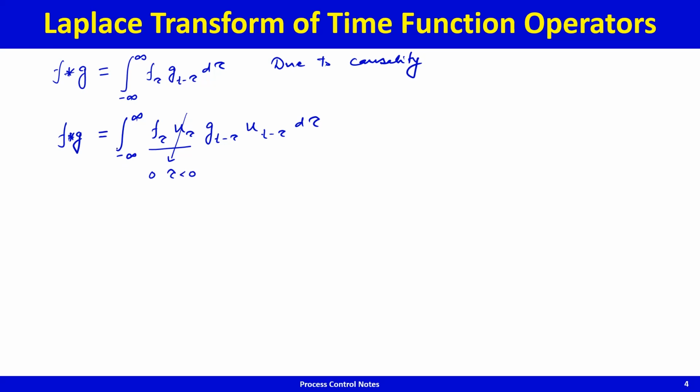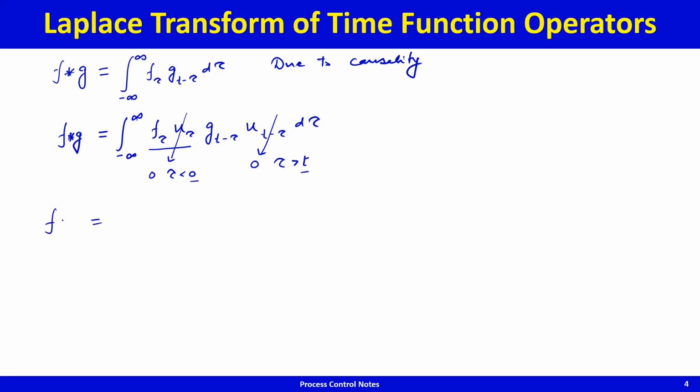So minus infinity to 0 you don't have to do, you have to start your integration from tau equal to 0. This thing will go to 0 for tau greater than t. So therefore you don't have to integrate from minus infinity to infinity, you have to integrate only from 0 to t.